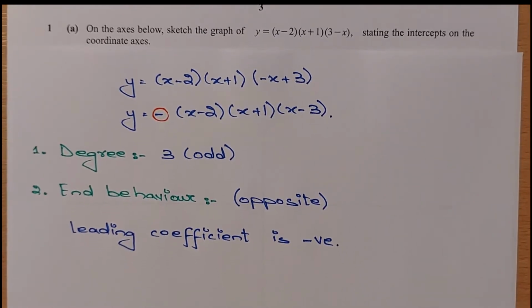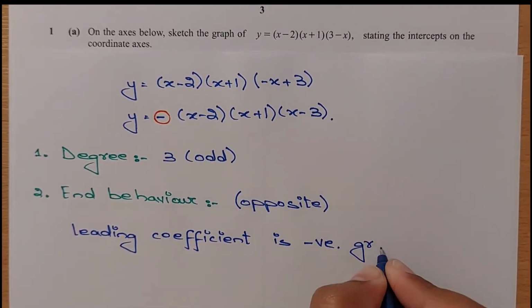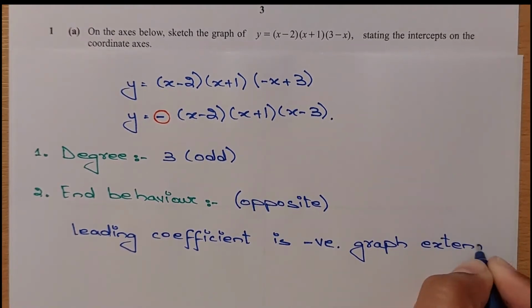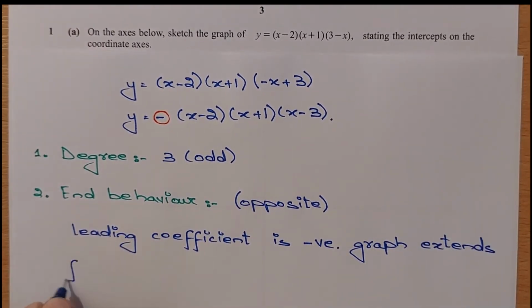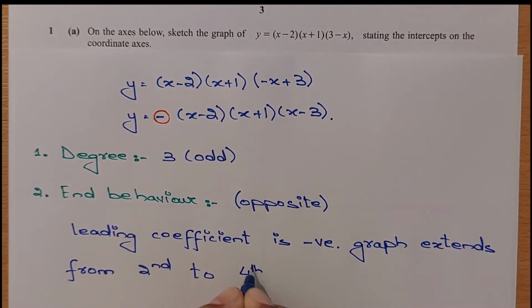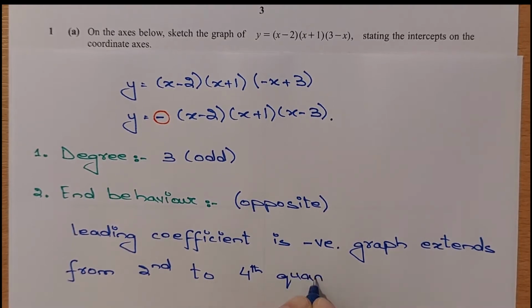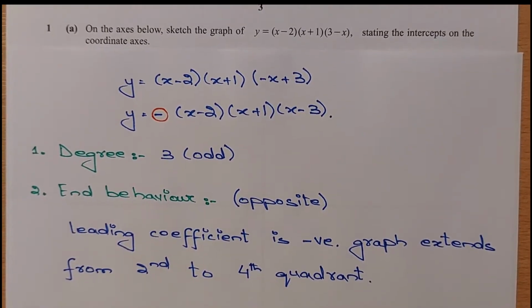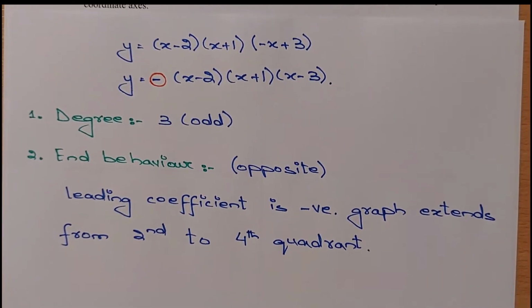So we can say that the graph extends from second to fourth quadrant. And when the leading coefficient is positive, it extends from first to third quadrant, right?